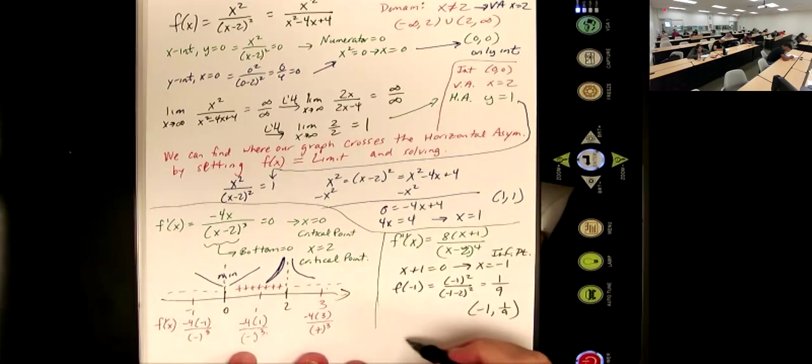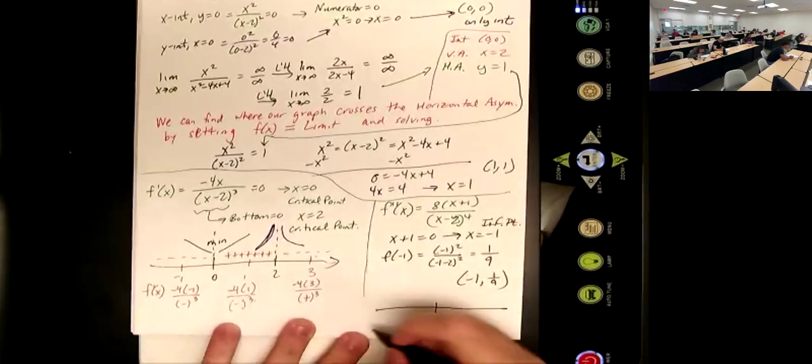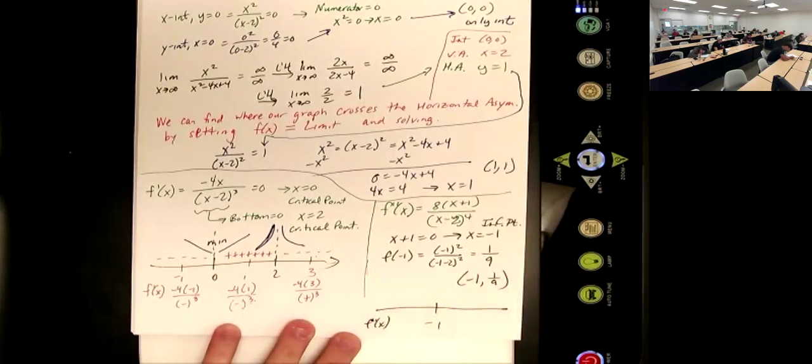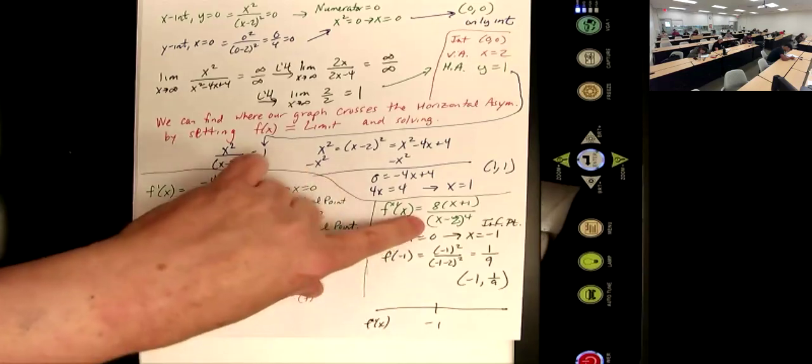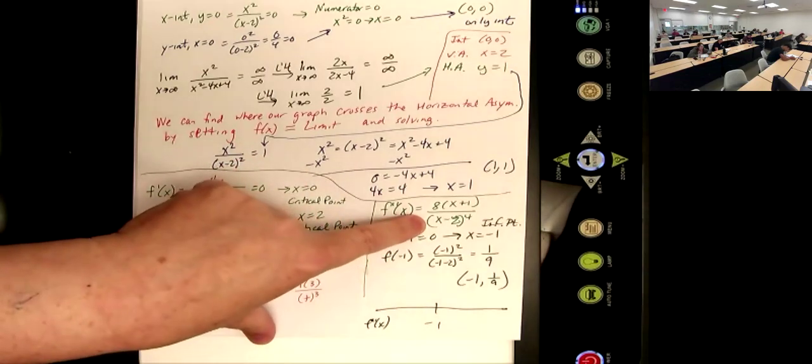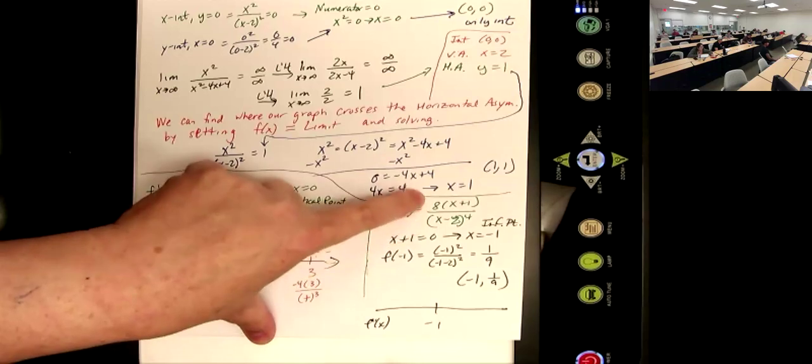And if we do a sign chart around -1 for our second derivative, the bottom is always positive because it's to an even exponent, so we're just looking at the top.